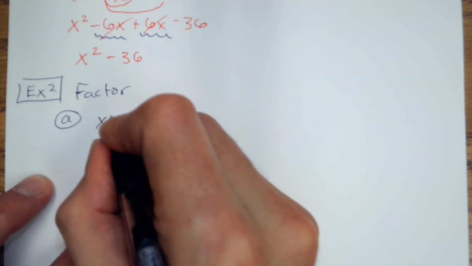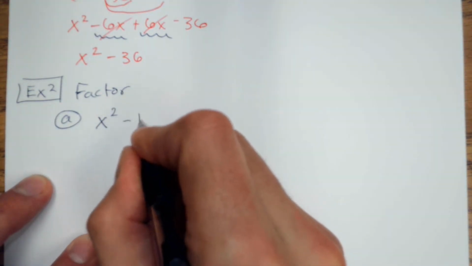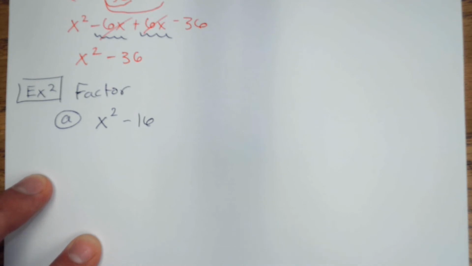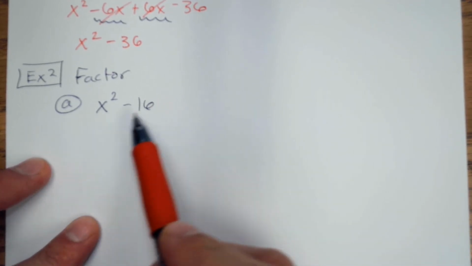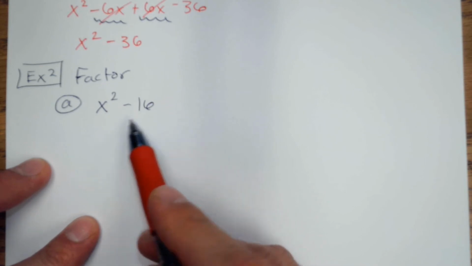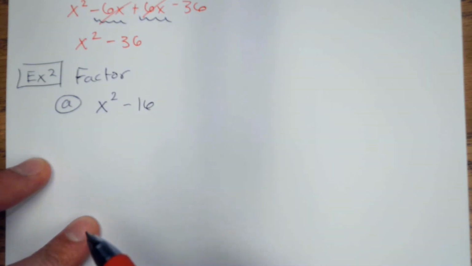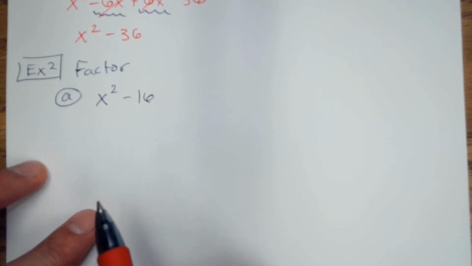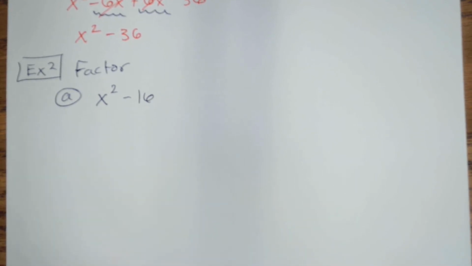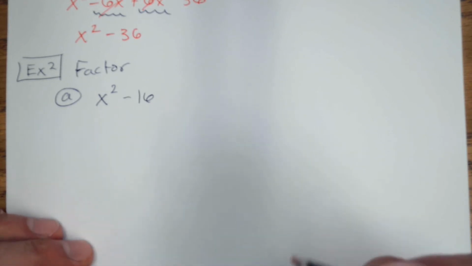So x squared minus 16. Now normally you would think, okay, try to factor out a GCF. There aren't 3 terms, so I can't factor the trinomial using the x method. There's nothing I could do here, so you think.